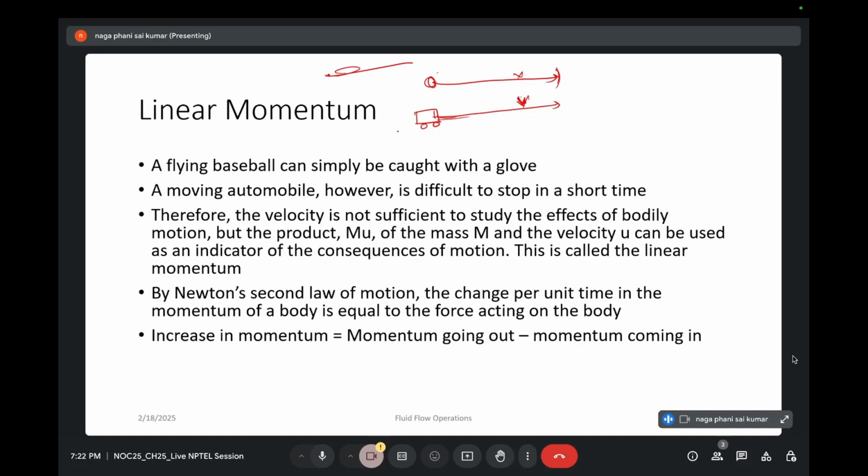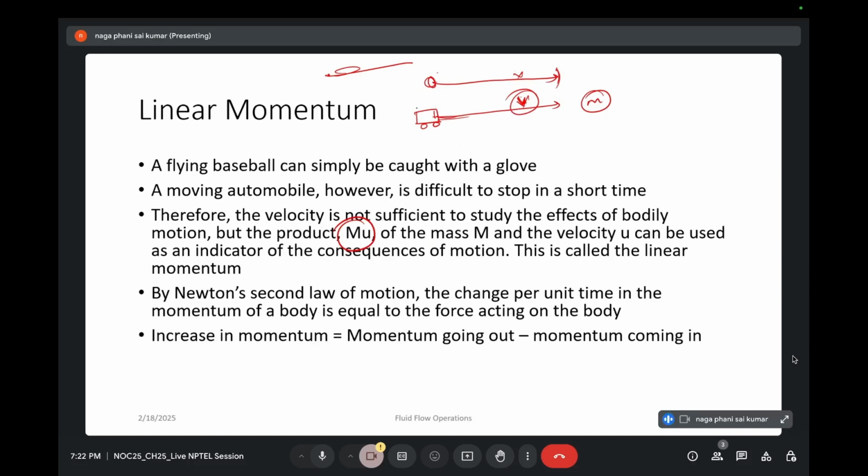Okay, why? This is because mass also plays an important role, or it is because of something called momentum. It's not just because of velocity, it's something called momentum. So momentum is mass multiplied by velocity. So this gives us momentum. In these two cases, velocity is same, but mass is changing, right?